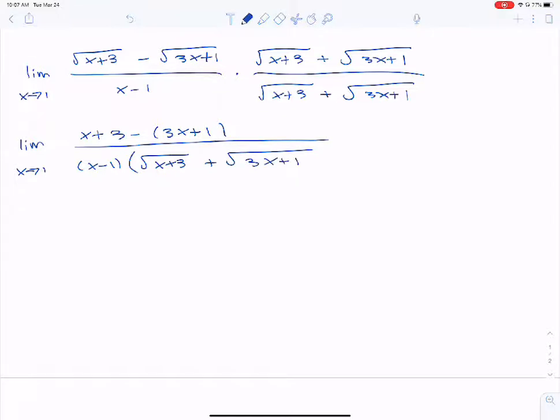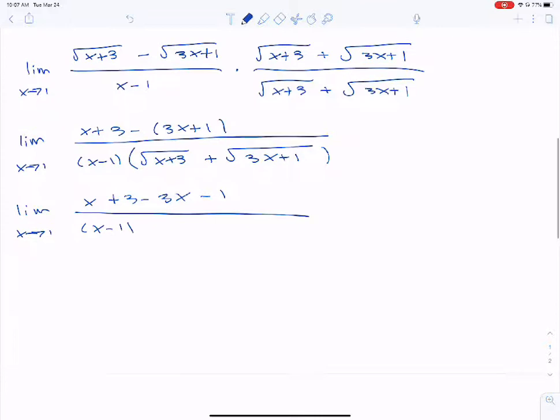Okay. So in the numerator, let's clean that numerator up a bit. So it looks like I'm going to get x plus 3 minus 3x minus 1, right? All over... Let's just see where this goes. Hopefully I haven't made any mistakes yet.